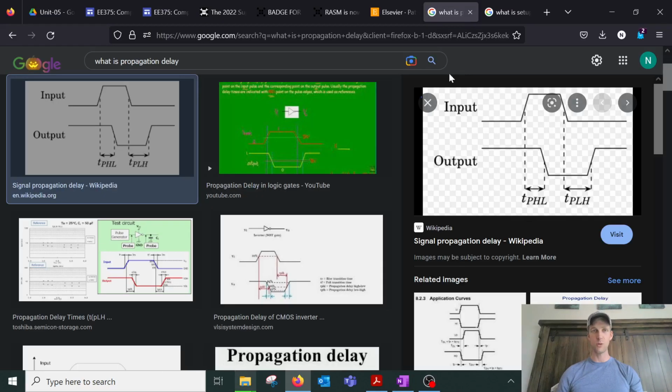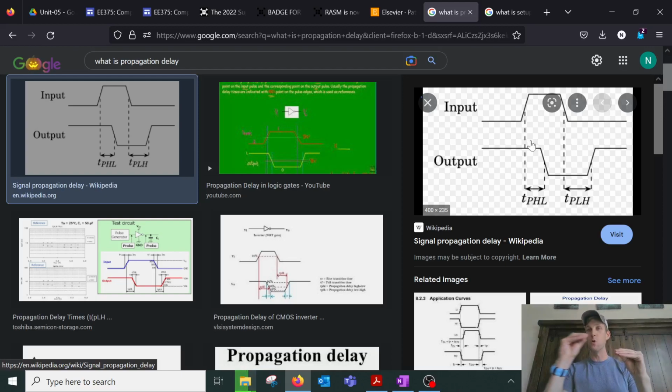So I want to just review really quick. Propagation delay is a measure of how long it takes for a signal to move its way through a device. So in this diagram here, you can see once my input changes to some electrical device, there is a propagation delay that I have to wait before the output reflects that change, and that limits how fast I can run my circuits. So my half adders, my full adders, including my flip-flops, they all have propagation delays.